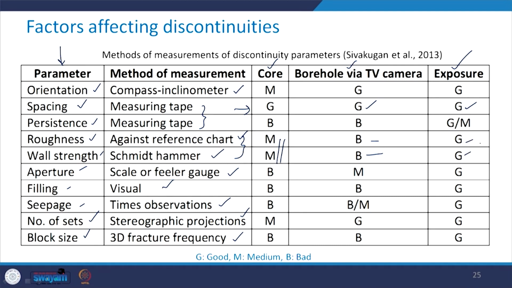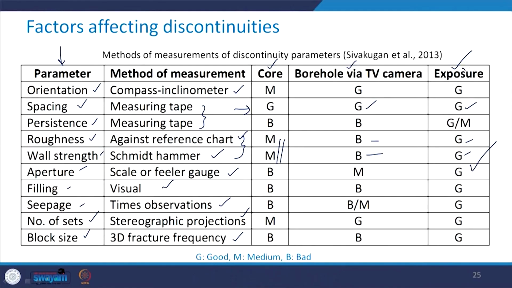So you observe one thing: when we take the measurement mostly from the exposed surface, or let us say we create some kind of a drift or small tunnel just to take these observations, then most of the time we get good quality data from this method as compared to core and borehole via TV camera.